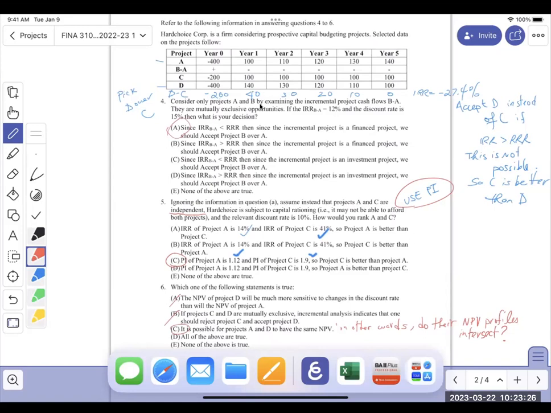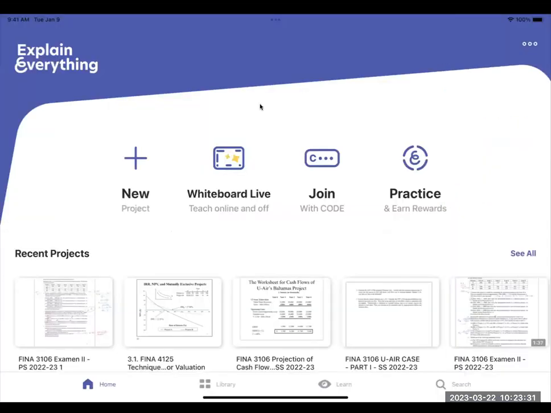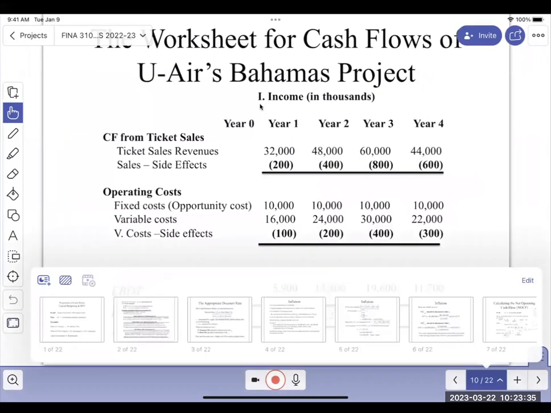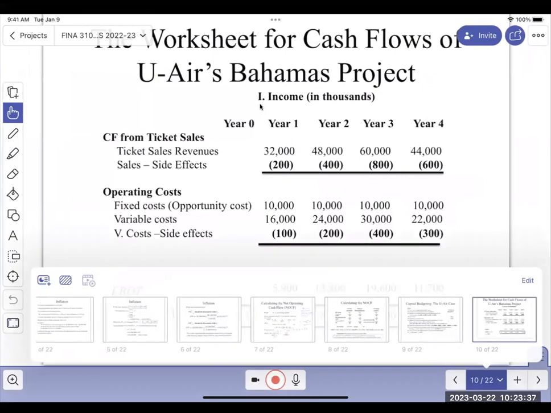Okay, no topic, no comments. All right. Let's look at projection of cash flows. Stop sharing for a moment.